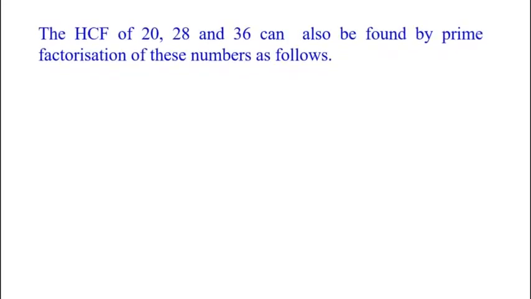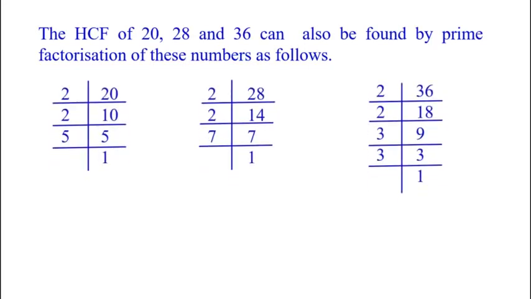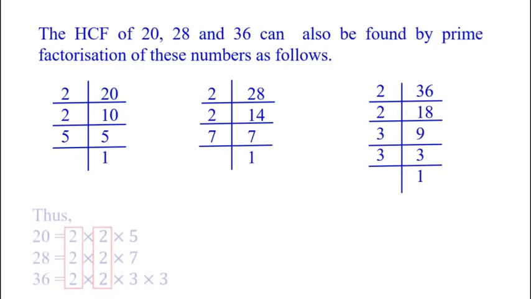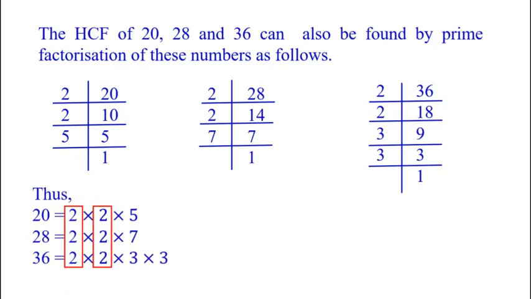The HCF of 20, 28 and 36 can also be found by prime factorization of these numbers as follows. So here 20 can be prime factorized like this, 28 is also prime factorized, and 36 is like this. Thus 20 is equal to 2 into 2 into 5.